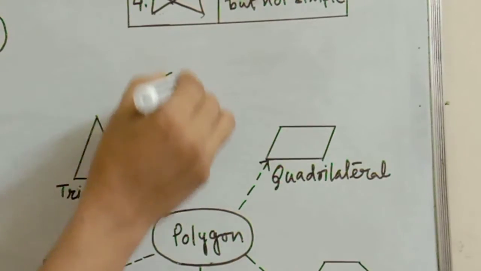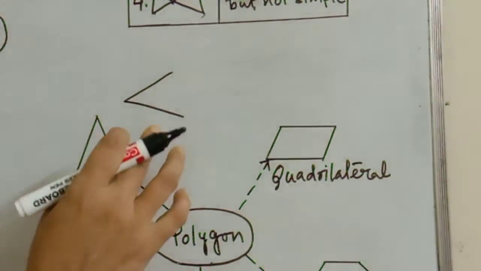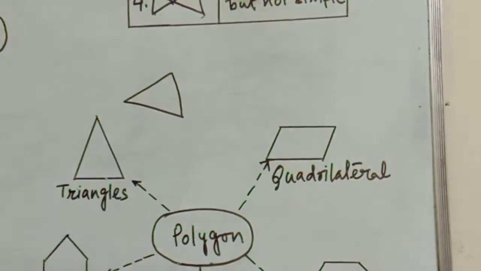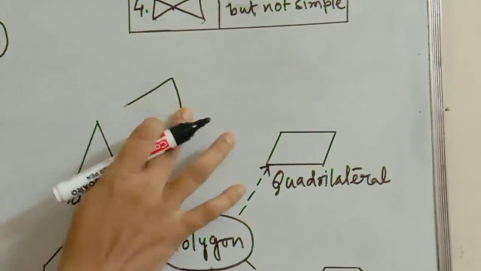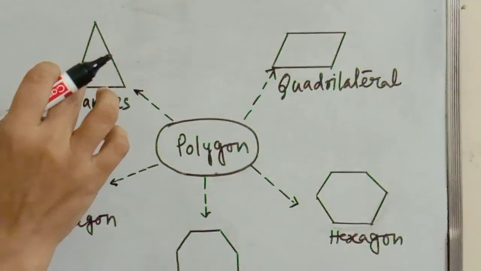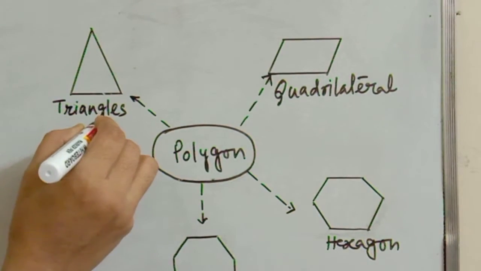So can I make a closed figure by using two line segments? No. So to make a closed figure, a minimum of three sides, three line segments, is required. So the least number of sides in a polygon is 3, and it is known as a triangle.